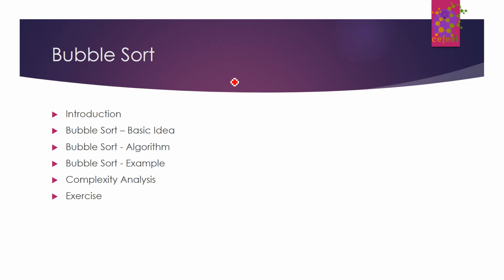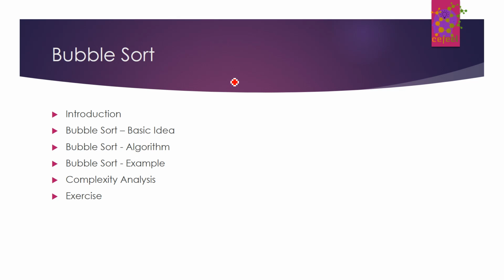These are the subtopics we are going to cover today. We will start with a very basic introduction of sorting algorithms. Then we will see what is the basic idea behind bubble sort, and see the basic strategy it uses to sort. Then we will see the actual pseudo code for the bubble sort algorithm.